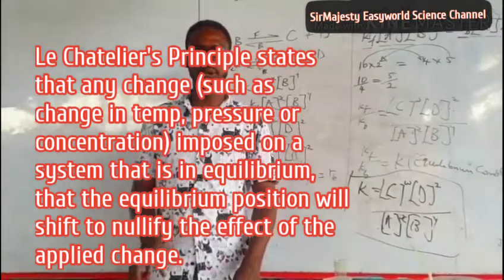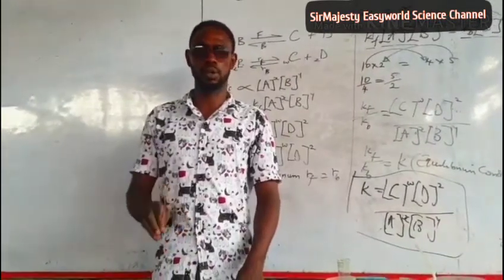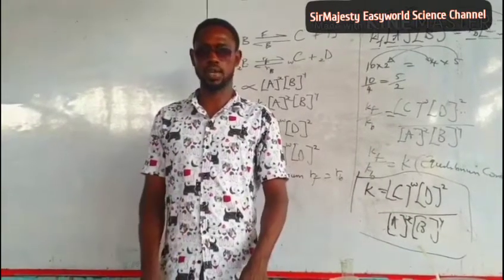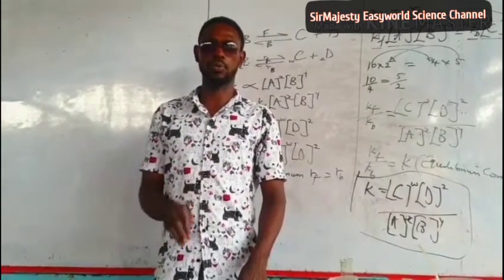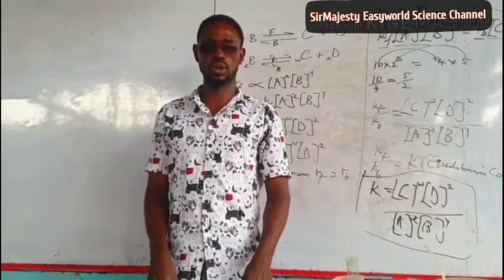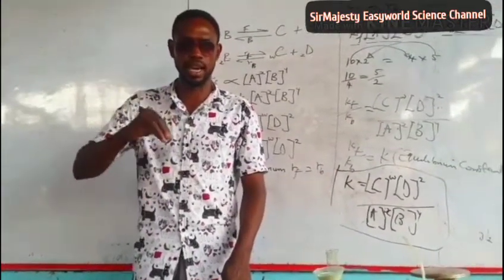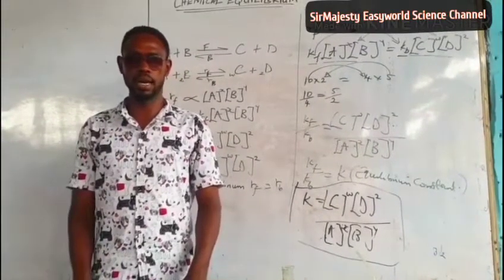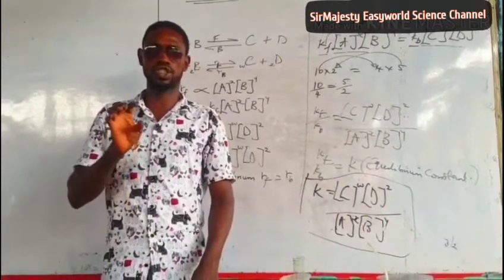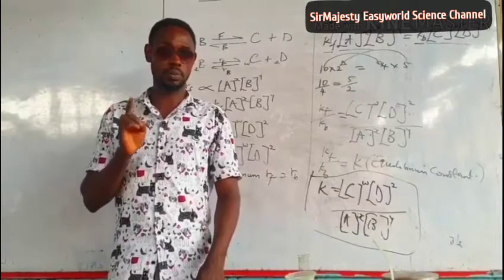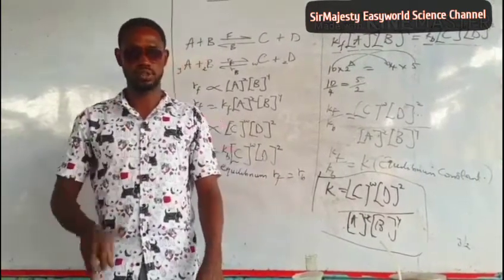So in summary, if a system has attained equilibrium, a change in the property of that system will cause the equilibrium position to shift in order to nullify, to countermand, to cancel the effect of the change applied on that system. But remember that the 3 factors that change the equilibrium position are temperature, pressure, and concentration.